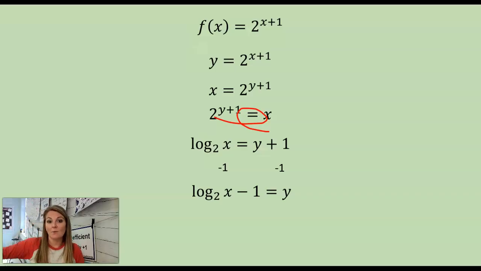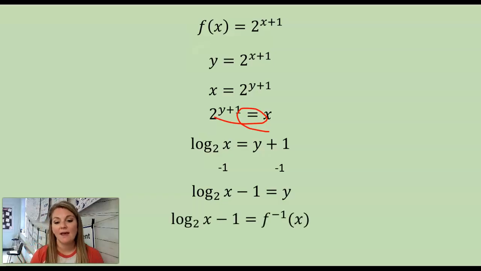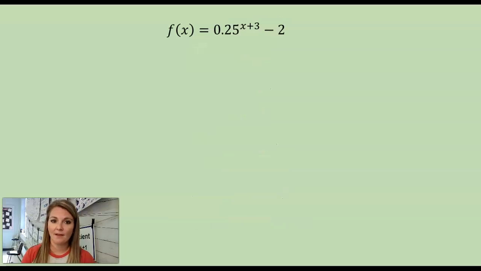The only thing that was there when I made the log was the x. So the minus 1 goes after it, and it does not include parentheses, and then I would just write it as f inverse of x. Bases are going to stay bases. My base 2 stays base 2. I have a plus 1 original, minus 1 inverse, makes sense. Plus 1 h, minus 1 k, makes a lot of sense.